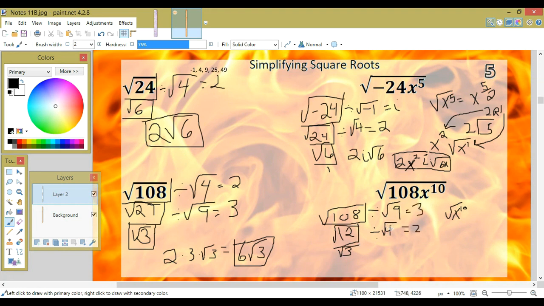I always like to put them in order from least to greatest, so I don't miss any, but you can also do from greatest to least on this list. You'll get the same thing. Now with the square root of x to the 10th, it's going to be x to the 10 over 2 power. Well, 10 over 2 is 5, so you have x to the 5th. So we'll just put that, and that's our simplified radical.